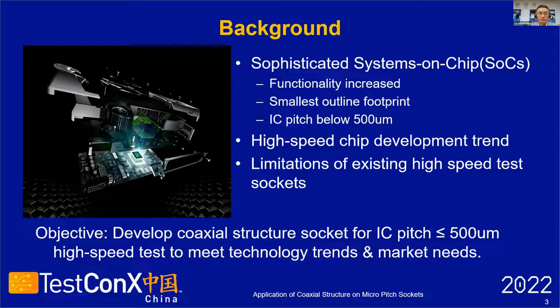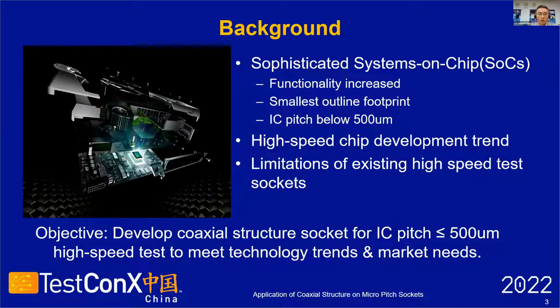What are the main reasons driving us to have this topic? First reason is the marketing needs. Like most of us, consumers are keen to be connected, able to access the digital world always. To meet this market, mobile devices such as cell phones, tablets, and car infotainment with sophisticated system on chips are ever produced.